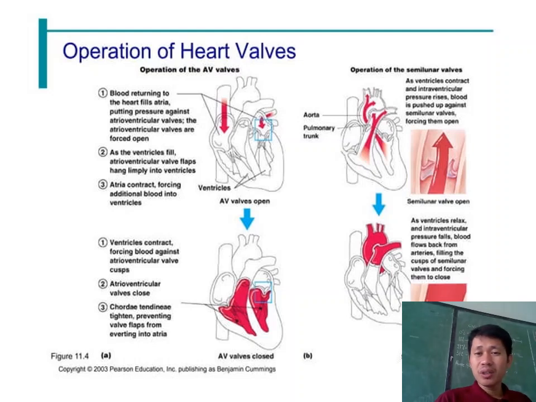Same thing with the semilunar valves. Once the blood moves from the ventricle to the pulmonary trunk, this valve also closes to prevent the blood from flowing back into the heart once it is already in the pulmonary arteries.